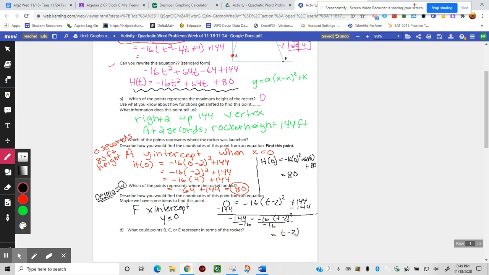And you'd get (t minus 2) squared equals 9. So maybe you're here and you're not really sure what to do, but you know that this has to be 9. Well, you could take the square root of both sides and keep solving. Or you could maybe look at that and say, I know that it has to be something squared equals 9. I know what's inside here has to end up being a 3, or I end up with t equals 5.